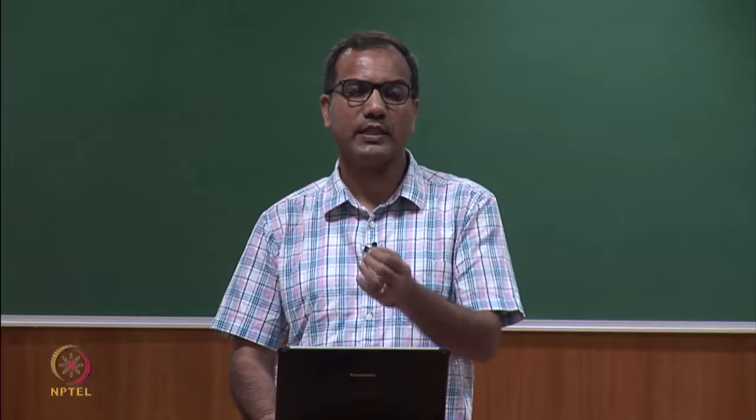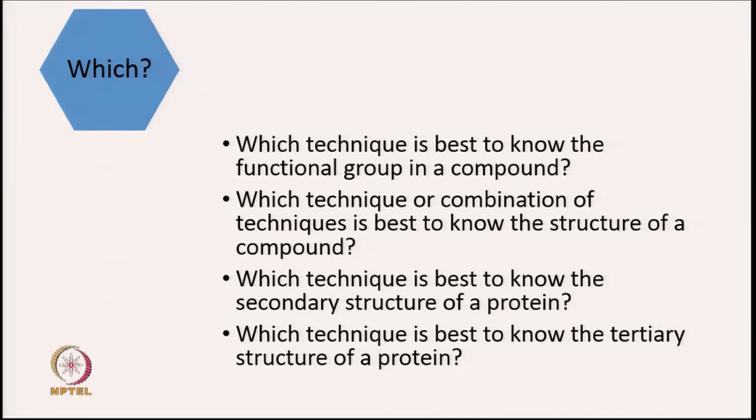So, which technique is best to know the functional group in a compound, which technique or combination of techniques is best to know the structure of a compound, which technique is best to know the secondary structure of a protein, and which technique is best to know the tertiary structure of a protein.